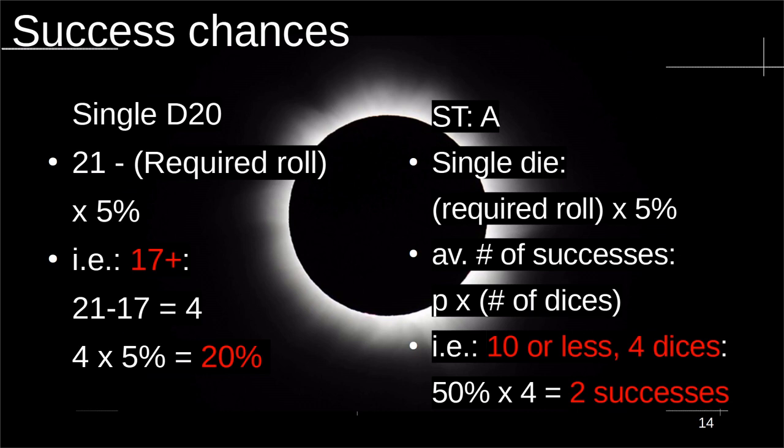That is a very, very simple example, one of the few examples where you can easily do the math in your head. But picture a chance per die of, let's say, 35%. That would be a target number of 7. And you have, I don't know, 6 dice. How many successes do you have on average?